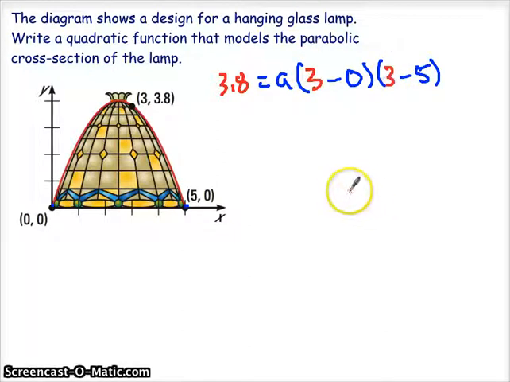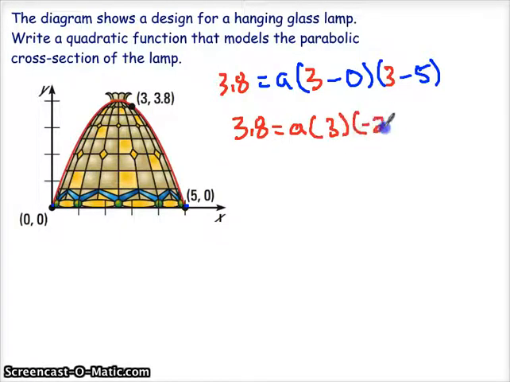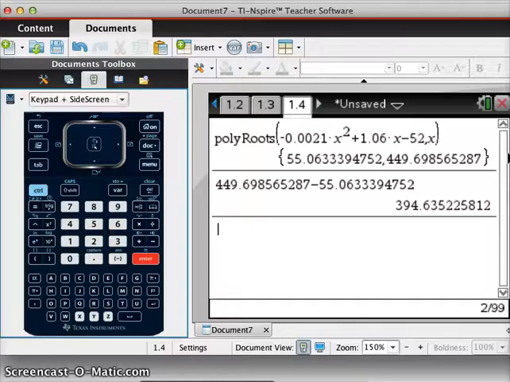And again, the only piece we're still missing is a. So 3.8 equals a times 3 times negative 2. 3.8 equals negative 6a, a equals 3.8 divided by negative 6.